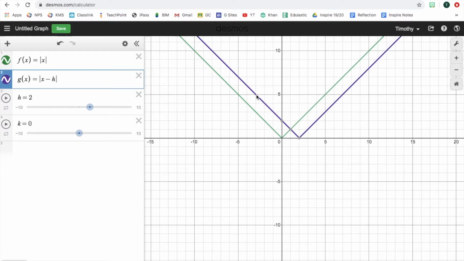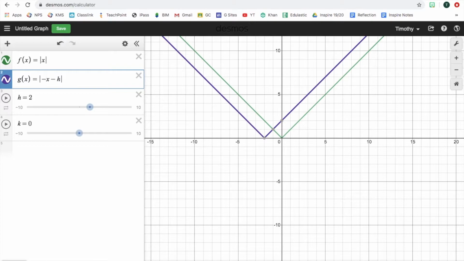Pick one point, let's pick this point right here. If this is negative 3, 5, we should expect this to be at 3, 5. So I will put my cursor there, and this is 3, 5, so we should expect this to go here. And there's my cursor right there. So that happens with every point.